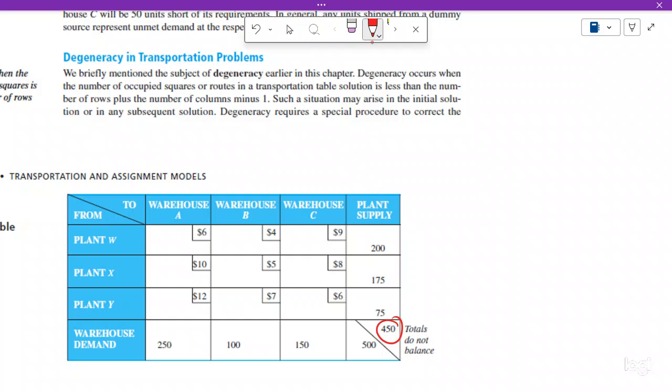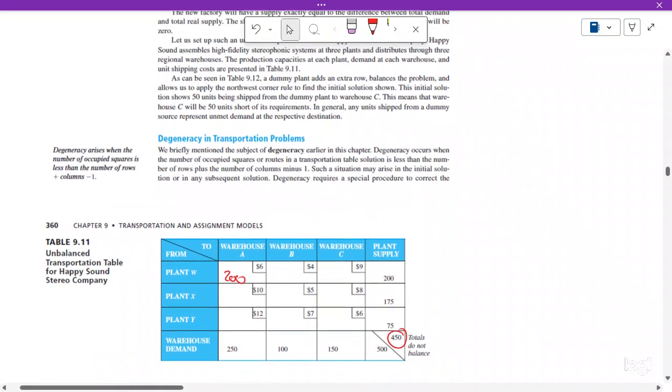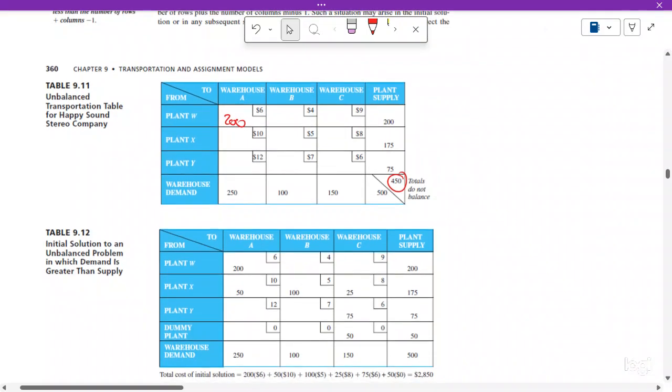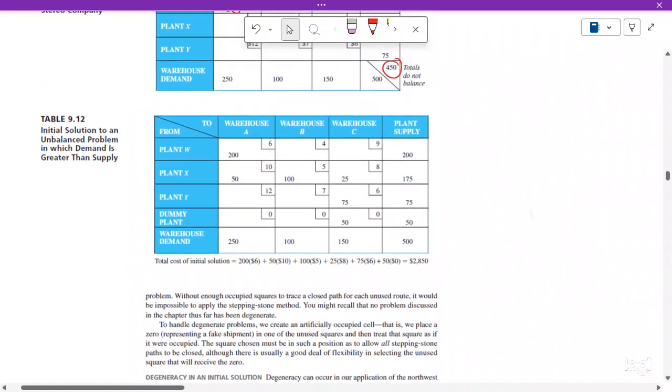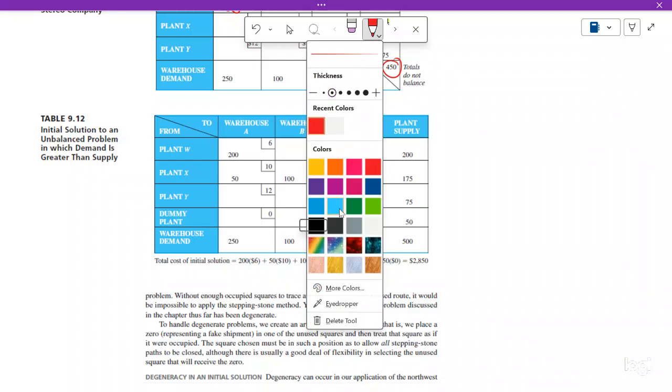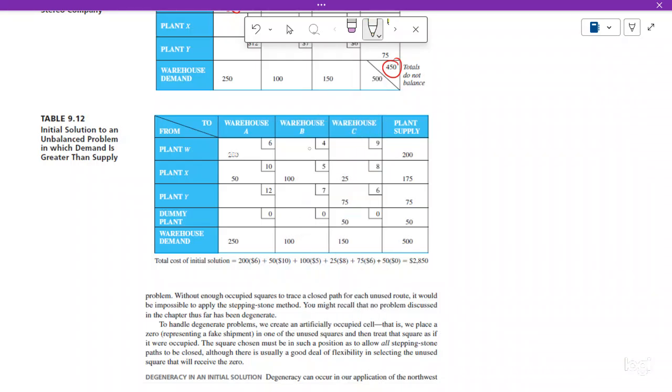You see, we are short of 50 under the supply side. We're short of 50. So it's going to be 200. Then, what is the cost of the new material? They did explain it. Okay, 0, 0, which is fine. Let's rather move here. Let's rather do this. I erase here.